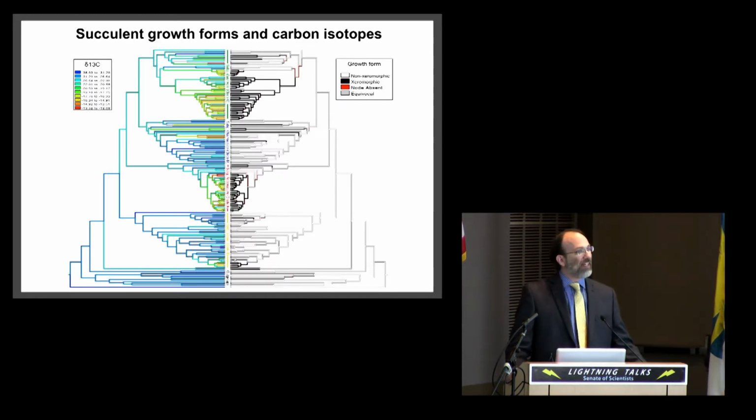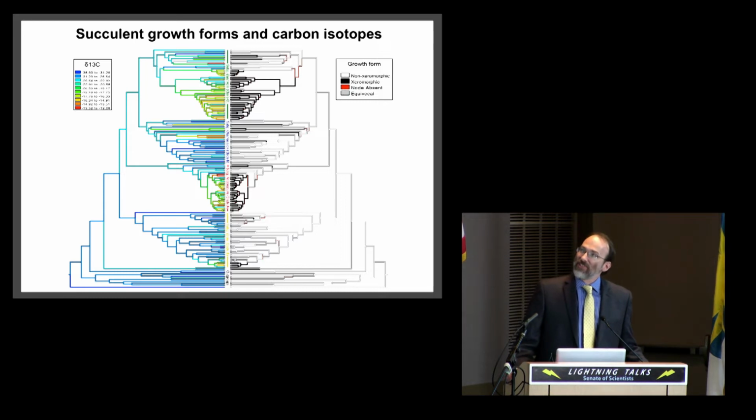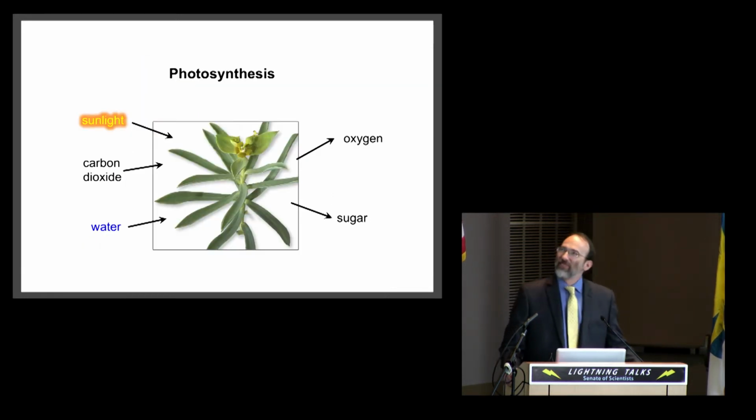So we can then layer onto that carbon isotope signatures. And you can see a rough correspondence between the greens and the yellows and the blacks. So what does this actually mean? If we go to basic biology, remembering back to maybe high school days, photosynthesis converts the energy in sunlight into fixed carbon, which is sugar.